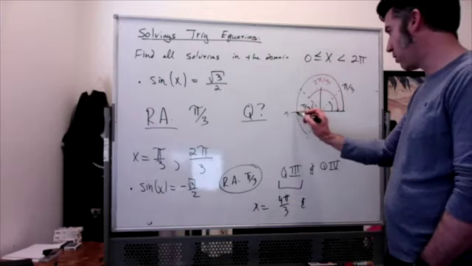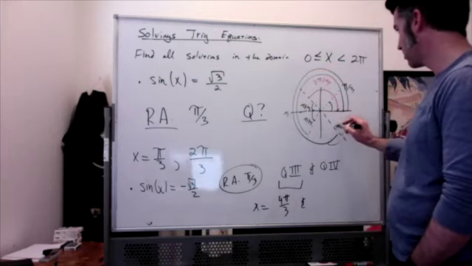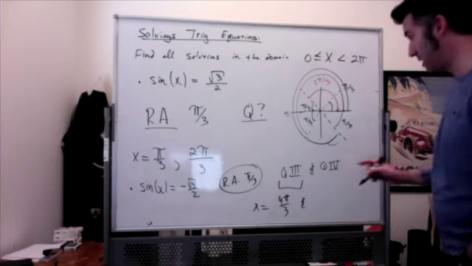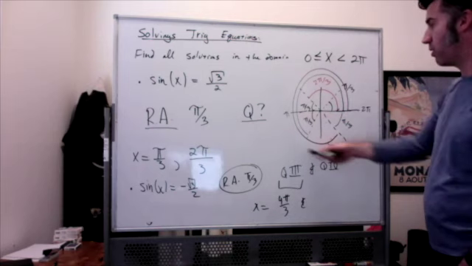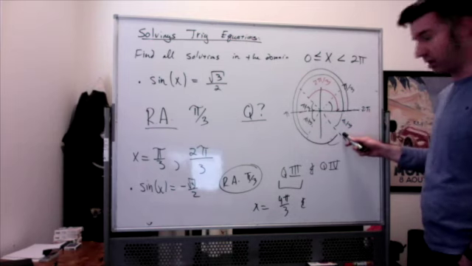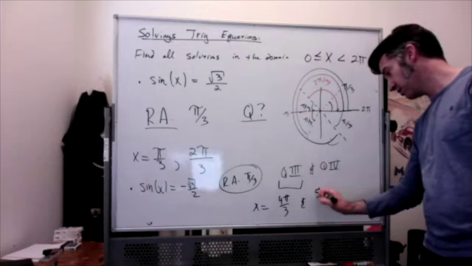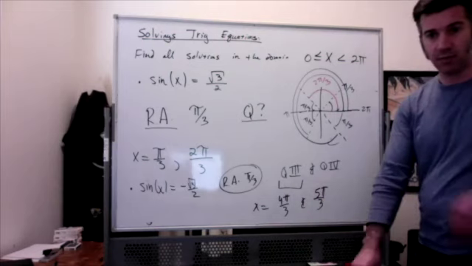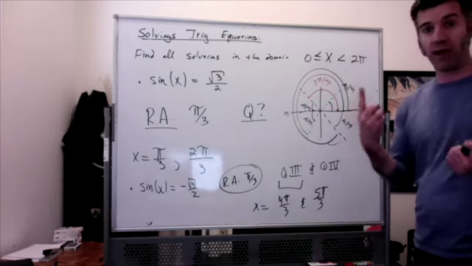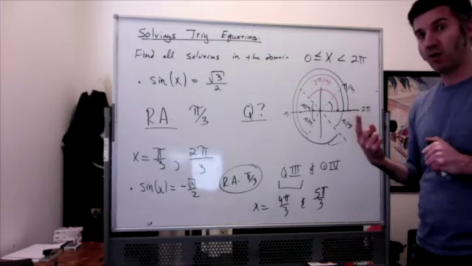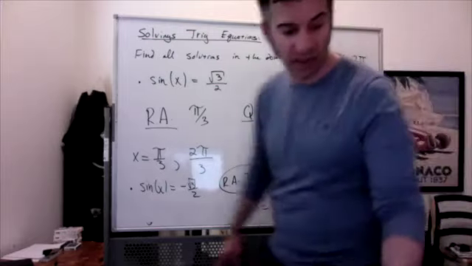And in quadrant 4, the angle whose reference angle is pi over 3 is a full revolution minus pi over 3. That's 2 pi minus pi over 3, which is 6 pi over 3 minus pi over 3, which is 5 pi over 3. So that's the gist: we look for the right reference angle in quadrant 1, and then ask what the actual angle is in the necessary quadrants that have that same reference angle. Let's look at another example.